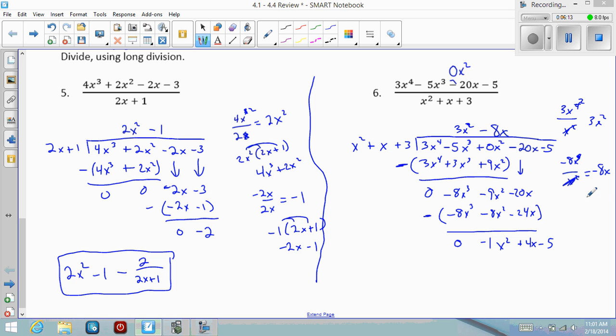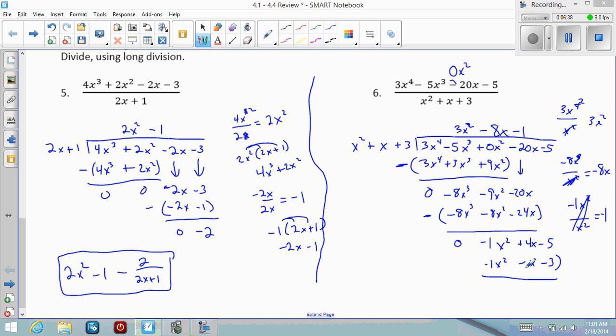And now we look at the negative 1x squared, divide out the x squared, the x squareds cancel, you're left with negative 1. We put minus 1 up here. Negative 1 times x squared is negative 1x squared. Negative 1 times x is negative x. And negative 1 times 3 is negative 3.